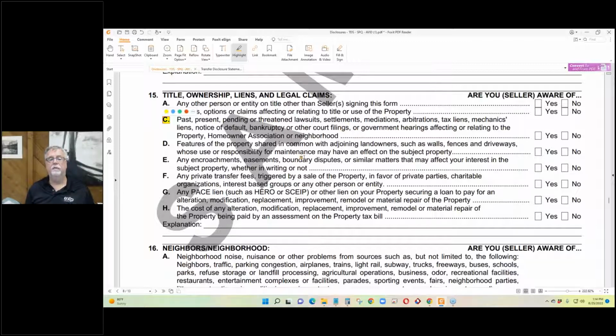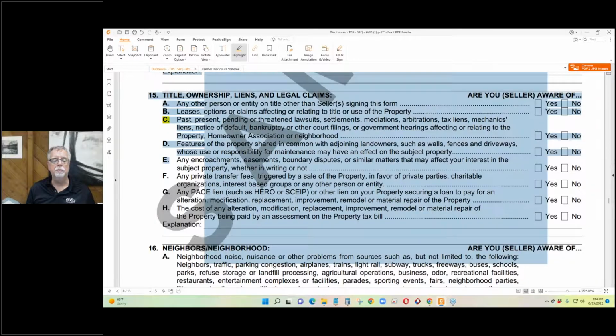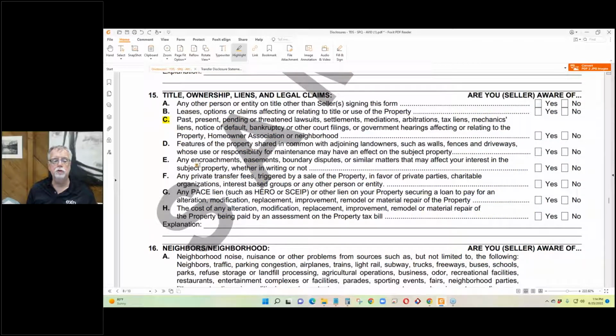Do they know of any of those? Features shared in common, which may have an effect on the property because of maintenance. Any encroachments. So an encroachment would be, well, my neighbor has built the fence over the property line. Easement, boundaries disputes.